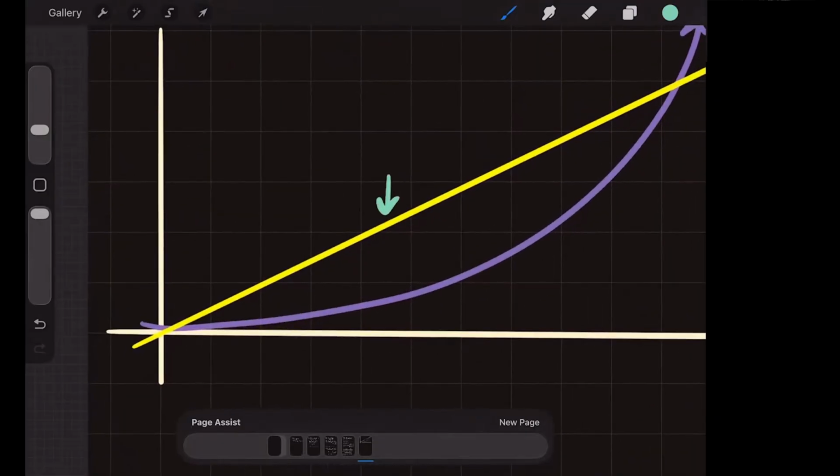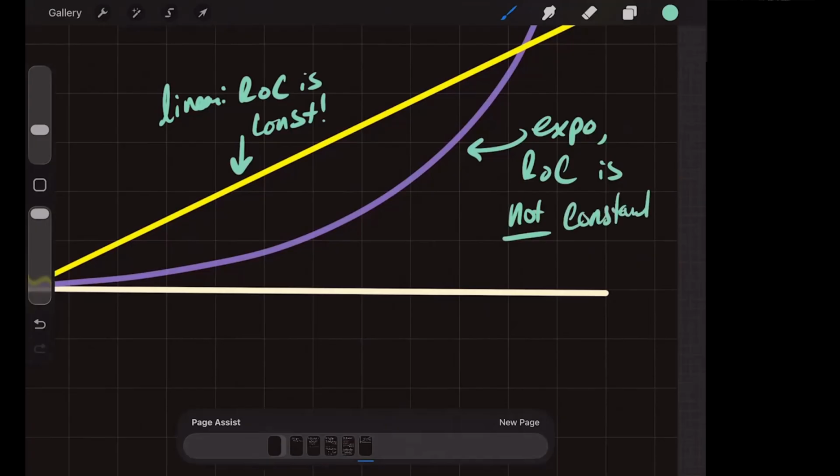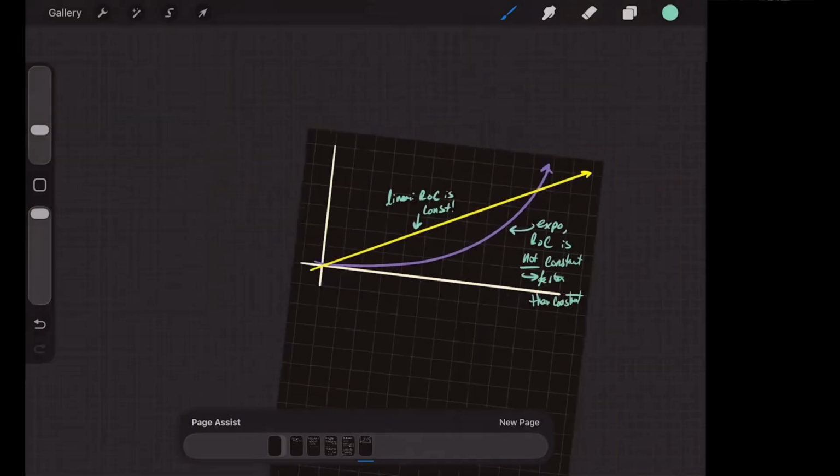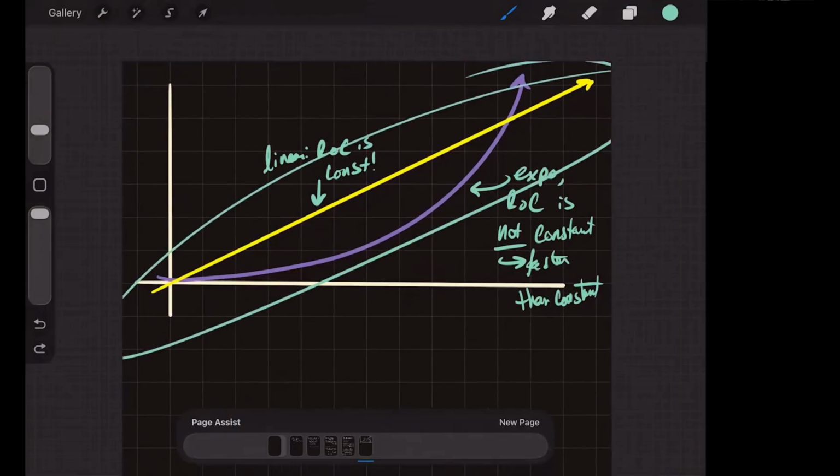We know that this function is linear, which means its rate of change is constant. This function is exponential, so the rate of change is not constant and is in fact faster than constant. So although both functions are increasing, the purple one is increasing faster than the yellow one.